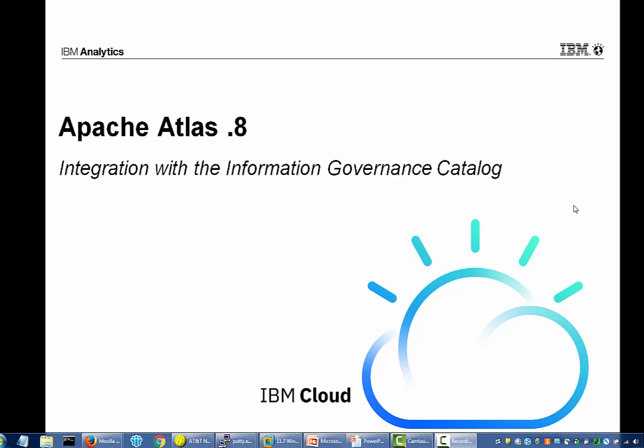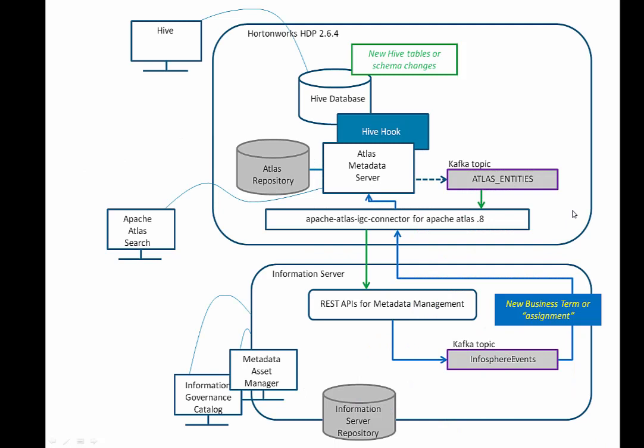But before we get started, let's take a closer look at the overall architecture and what we are going to be reviewing. So this is a very high-level, generic diagram to illustrate what we have here and what we'll be reviewing.